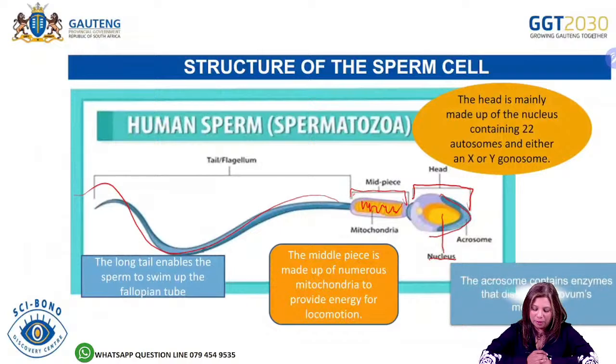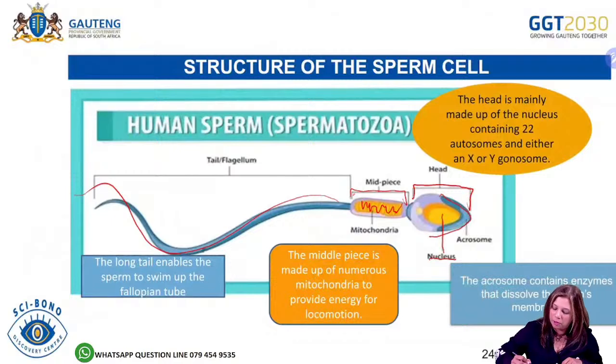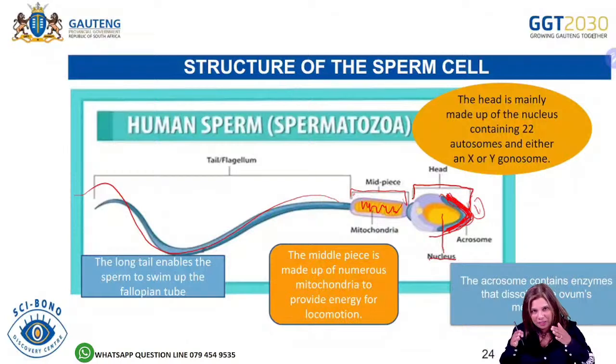And then finally the acrosome. So now the acrosome, the function is quite important. You need to remember that it has enzymes, and these enzymes, do you see where the acrosome is found? Acrosome is found here, right on the head of the sperm. So obviously, because it's found first here, that is the first part of the sperm cell to make contact.